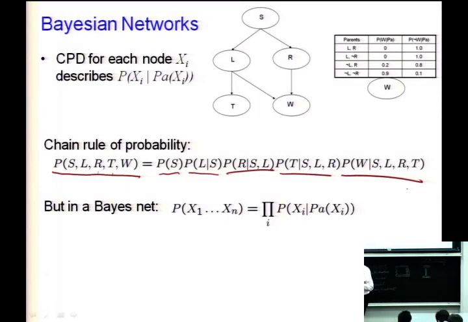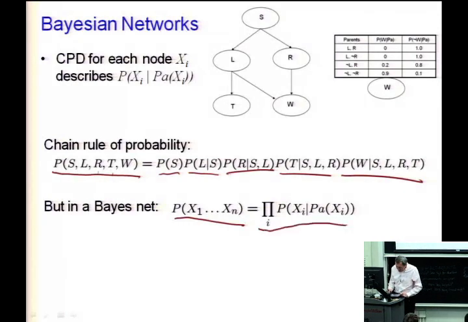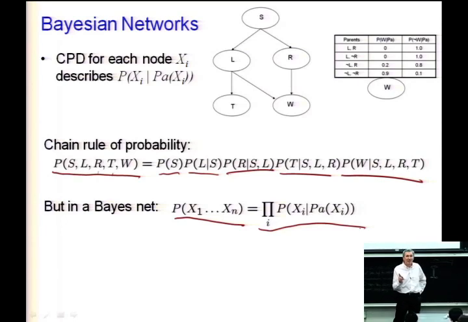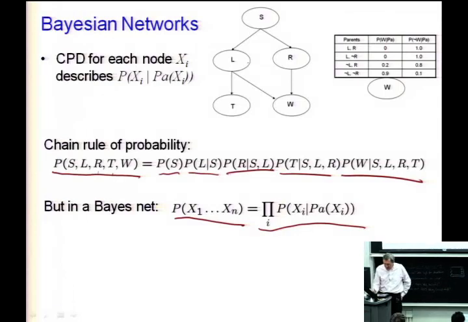Okay, but now for the Bayes net, we're saying something else. We're saying the rules of the Bayes net allow us to represent that joint distribution as a different product. So what is the product? How would I write it out for this windsurfing Bayes net?